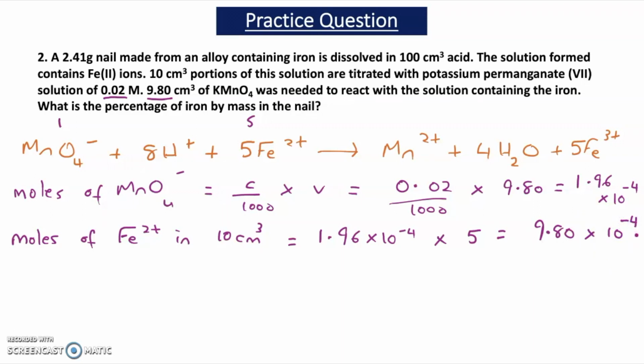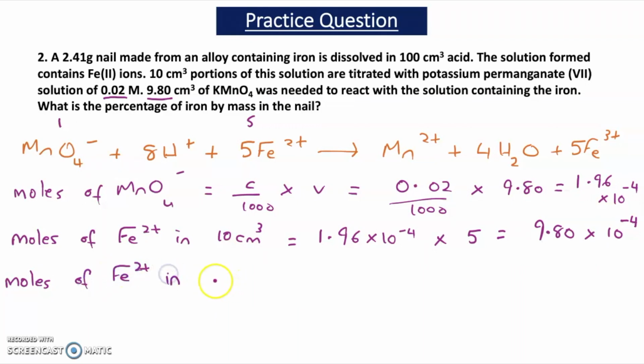Now, we need to find the percentage of iron by mass in the nail. The iron was dissolved in 100 cm³ of acid, and samples of this were taken out 10 cm³ at a time as part of the titration.